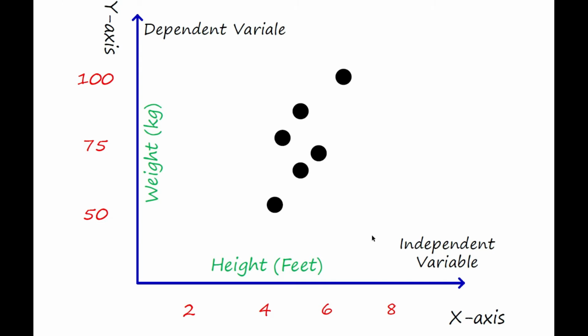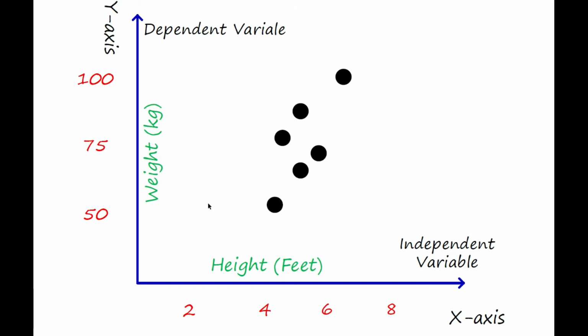In a scatter diagram, we draw the independent variable on the x-axis while the dependent variable goes on the y-axis. In this case, our independent variable is height and we determine the weight of a person on the basis of their height. So weight is the dependent variable and height is the independent variable. So we draw height on the x-axis and weight on the y-axis.